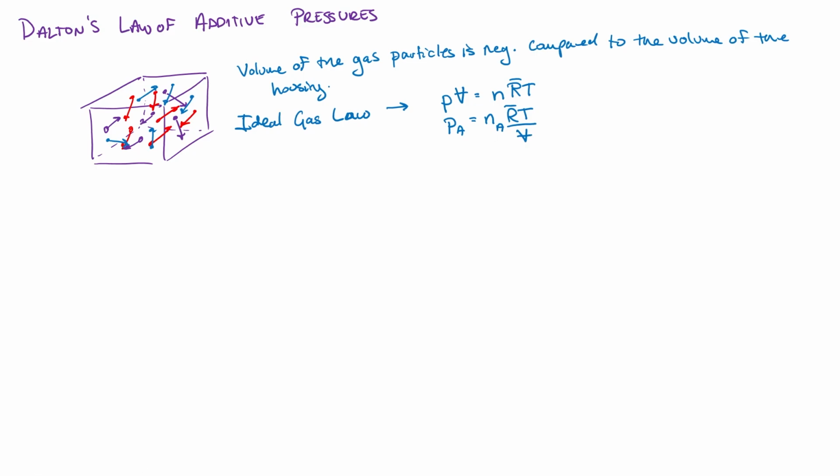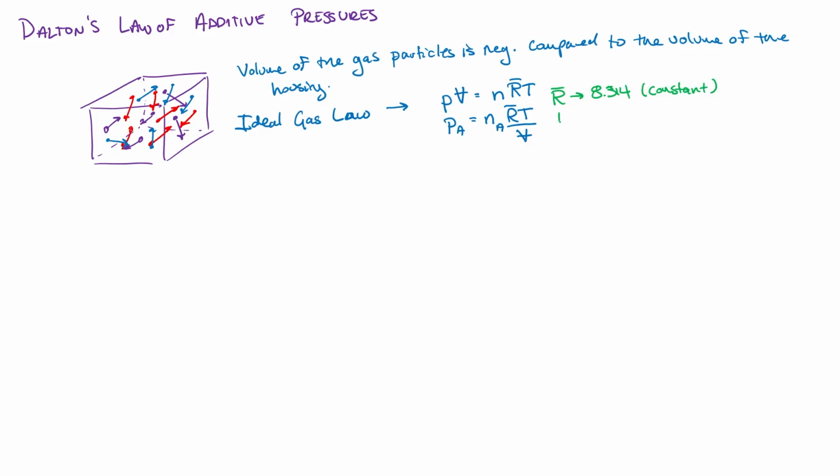And if I break this piece up a little bit, what's going to happen is R bar is the universal gas constant. So this is going to be 8.314, depending on units, it's a constant for all of the gases within here.